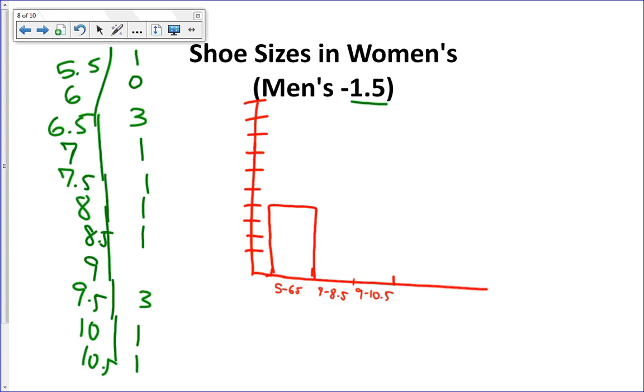This is going to show what I want. Okay, we're backing up. Well, let's keep going. Then we'll come back and redo it. How many between 7 and 8.5? 4. Between 9 and 10.5? 5.